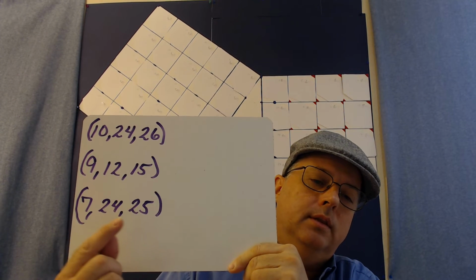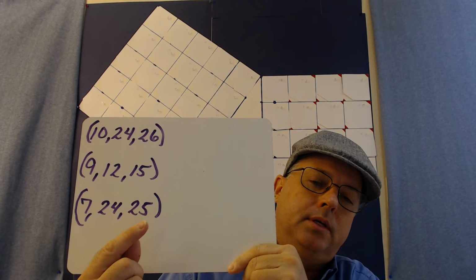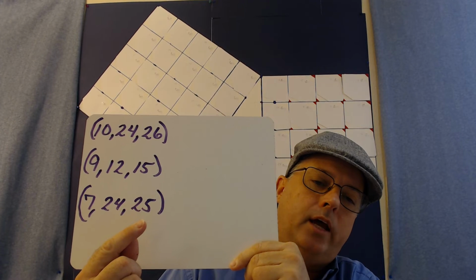And so this is what we call a primitive Pythagorean triple. That's an original Pythagorean triple that has where each of the side lengths have no common factor other than the factor of 1.